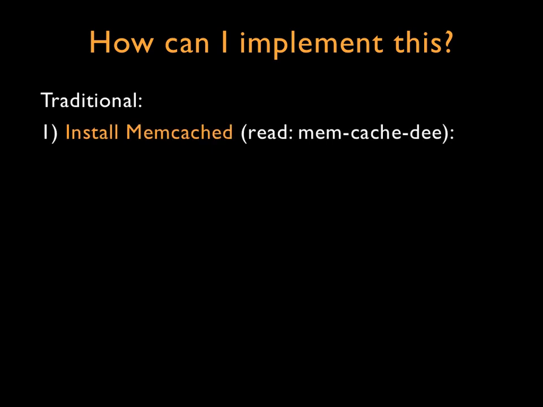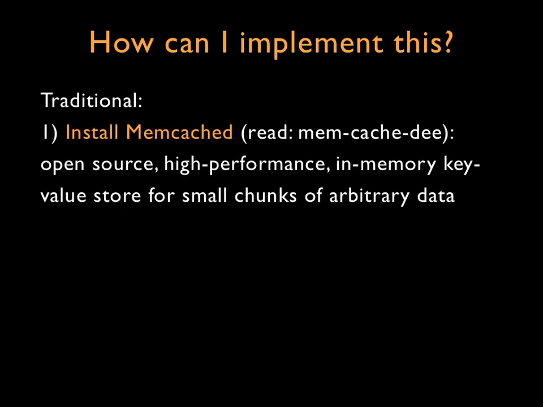So how can I implement this? In the traditional world, you can do so by installing memcached, which is an open source, high performance, in-memory key value store, ideal for small chunks of arbitrary data.